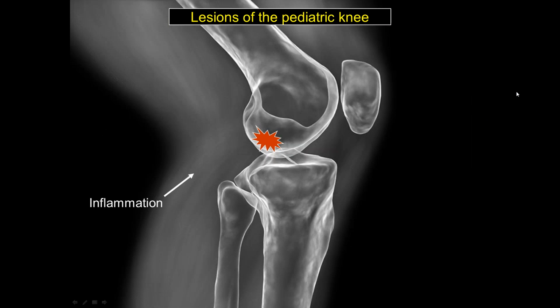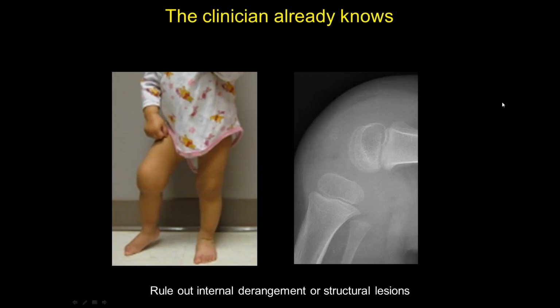Good, let's move on to inflammation. So when we are discussing inflammation as MSK radiologists, we have to be aware that the clinician already knows, right? So the child on the left is a 2-year-old female, and well, have a look at the right knee.